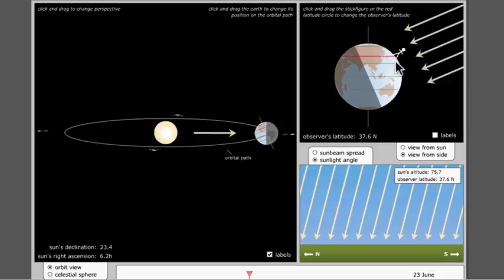The sun is overhead at the tropic of Cancer, the northern tropic, where the sun is overhead at a latitude of 23.5 degrees. And this means that this is the point at which sunlight impinges most directly. This will be the point at which solar heating is most intense on Earth.